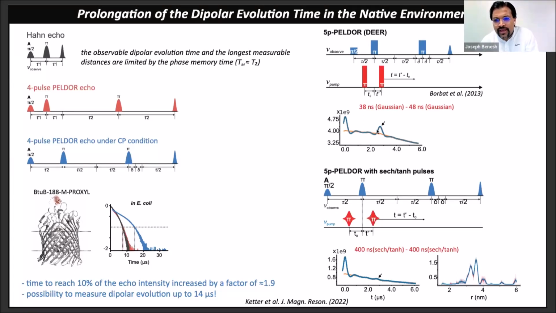That means a partial excitation 4-pulse artifact is overlaid on the primary data, and additional experiments or simulations are required to determine the distance distribution. In the paper itself, they suggested that replacing these pulses with broadband shaped pulses, which have more uniform excitation within the bandwidth, can suppress this artifact. And that's what we did here. We replaced these pump pulses with broadband sech/tanh pulses. As you can see here, employing these pulses suppressed the level of artifact to an amount which has the least effect on the determined distance distributions in this case.